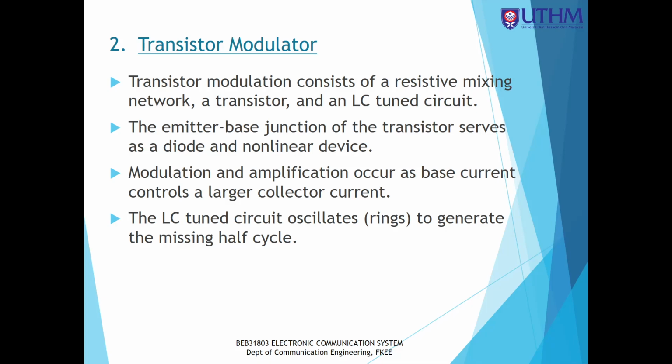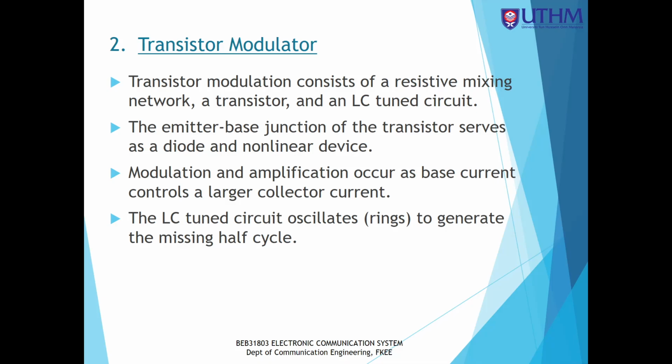And then the second type of modulator. Okay, the second type of modulator is the transistor modulator. So instead of using a diode, we can also use a transistor. Remember, the function of a transistor also works like a diode.